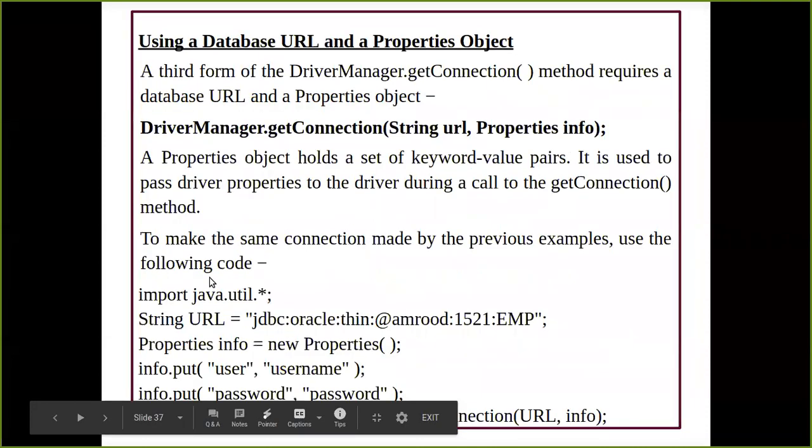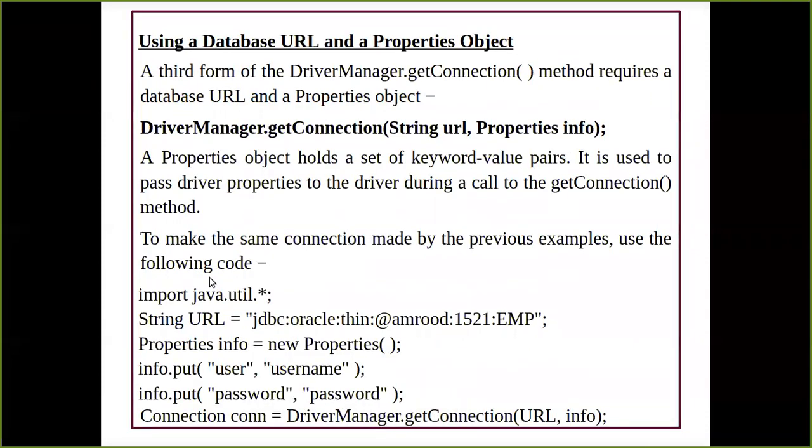Now the last approach which is remaining, that is your second one, that is database URL and your properties. Now the properties class is going to have an object which is holding a key value pair, and it is used to pass the JDBC driver properties.